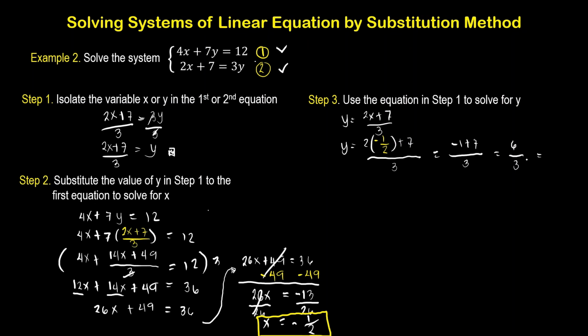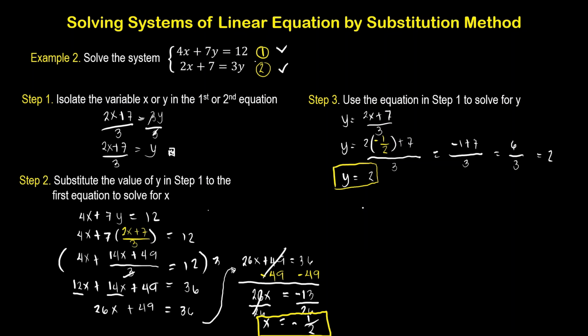Simplify natin to. 6 divided by 3 is equal to 2. So, therefore, ang y value natin is equal to positive 2. So, meron na tayong value ng y natin. Ang value ng y natin is equal to 2, and the value of x natin is equal to negative 1/2.